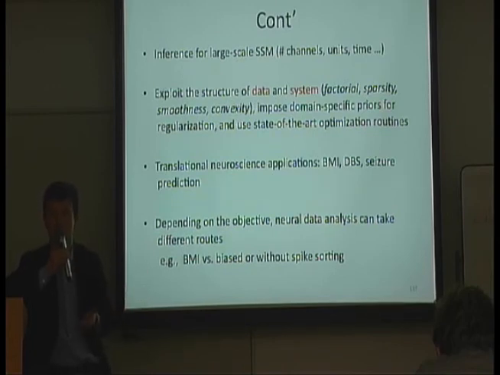I won't be able to show it here, but there are different routes you can take to reach the same solution, each with pros and cons, and it really depends on what you care about. Thank you, I'll stop here.